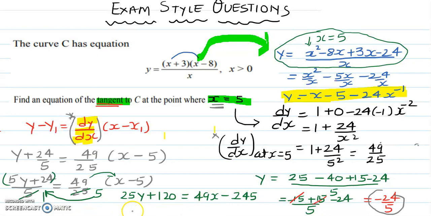We can arrange it: 49x minus 25y, 120 goes that side so it will be minus 120, and minus 120 and minus 245, if you add, it will be minus 365 equal to 0. So this is our equation of tangent.